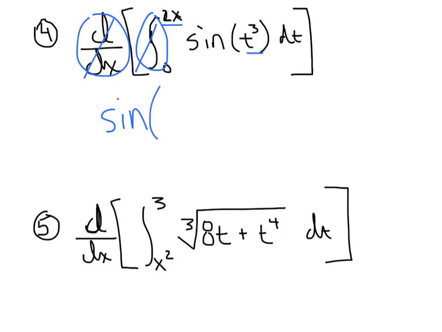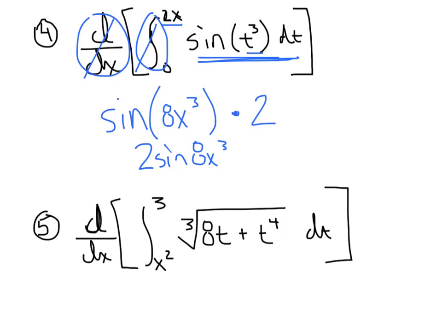So this is really going to turn out to be 8x cubed. And then don't forget to multiply by your du, which in this case is your 2. Of course, we could rewrite that as 2 sine of 8x cubed. But again, even though the integrand is in terms of t, which it's supposed to be, your final answer is in terms of x.